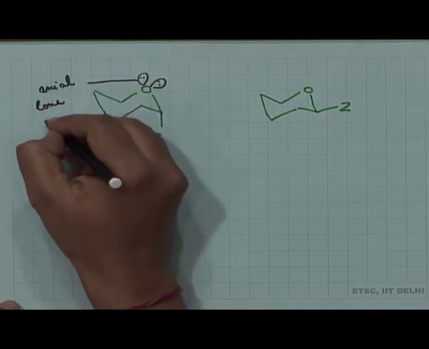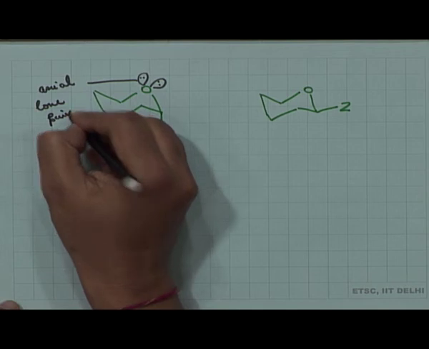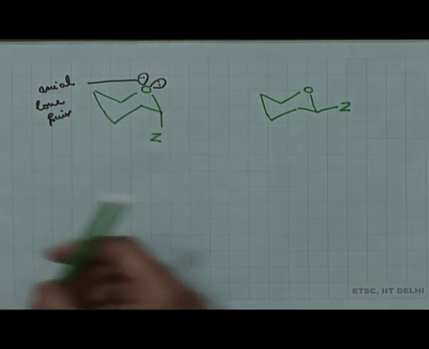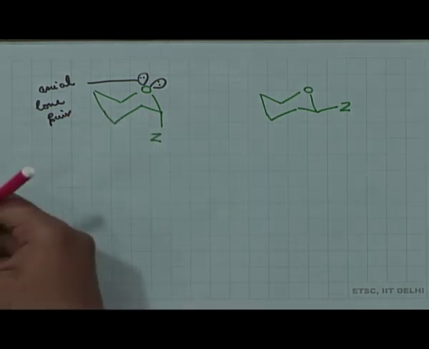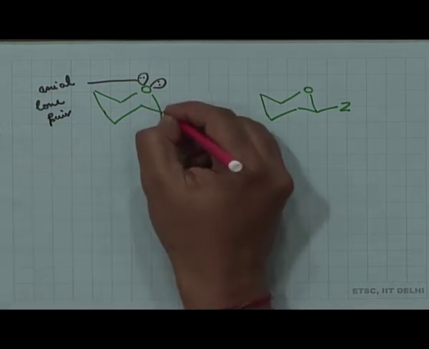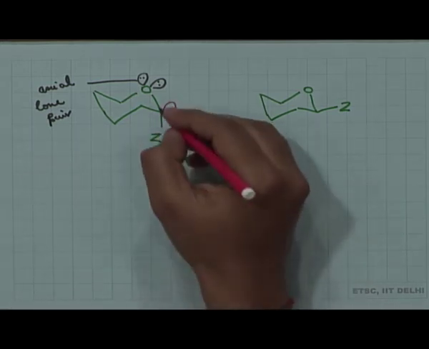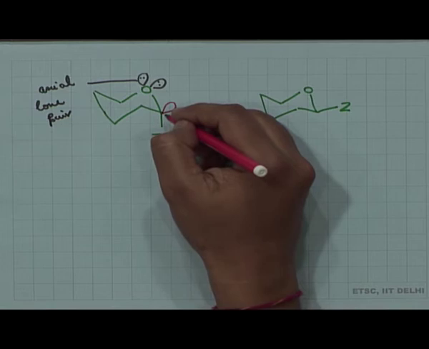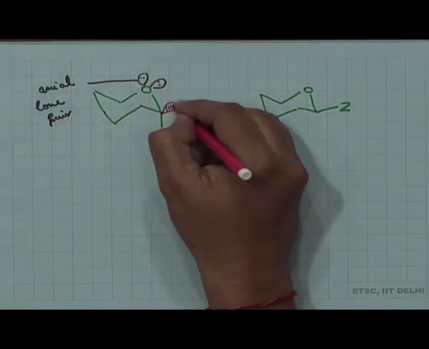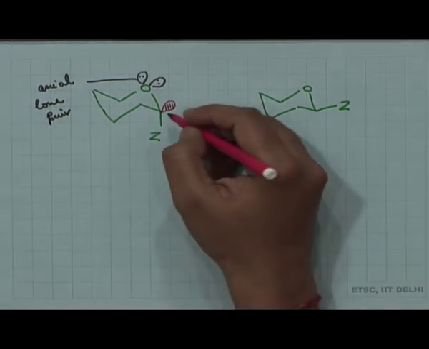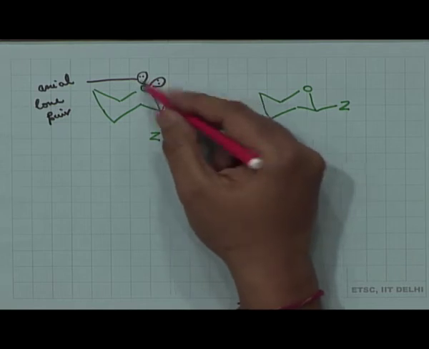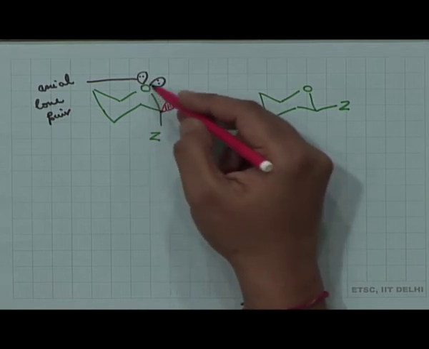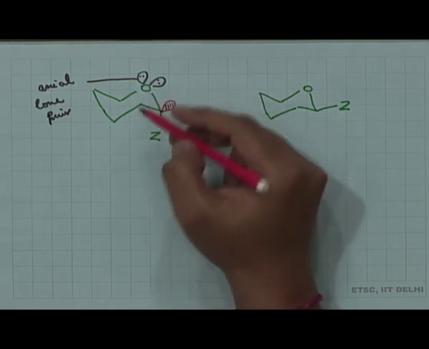Now, the anti-bonding orbital of this axial substituent, which is empty, is parallel with the axial lone pair of the pyran oxygen.